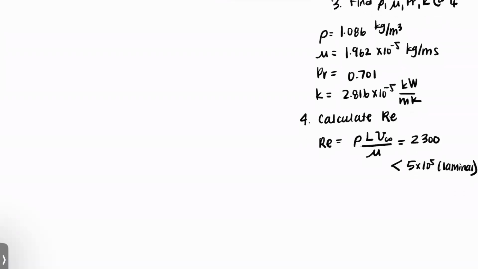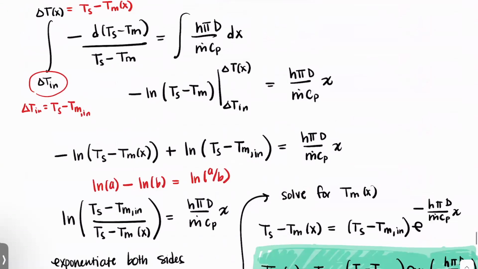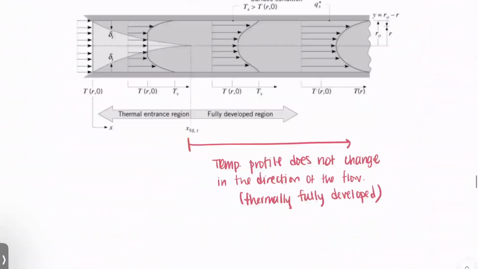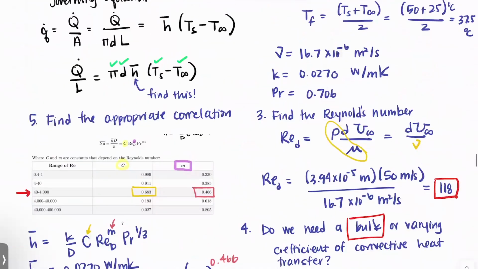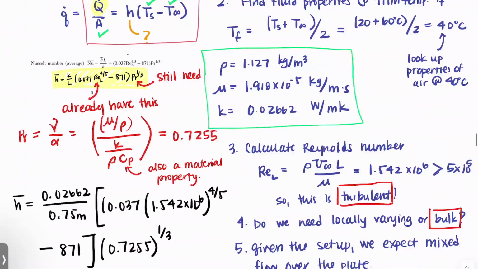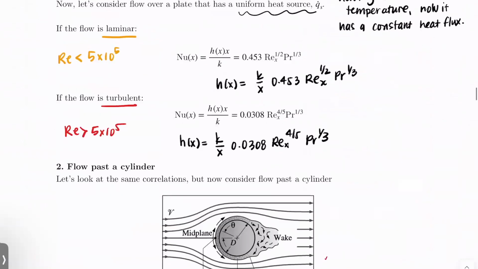Our next step is we want to find the correlation. We're looking for a flat plate with laminar flow and a fixed temperature on the plate. We can go all the way back to the beginning here. Okay, so laminar flow over an isothermal plate.